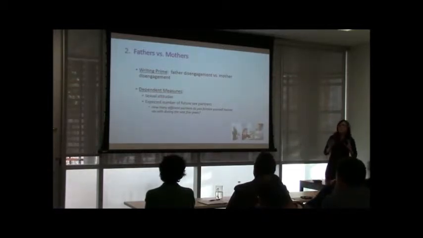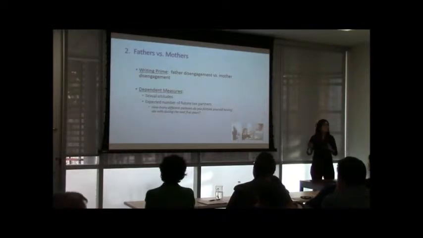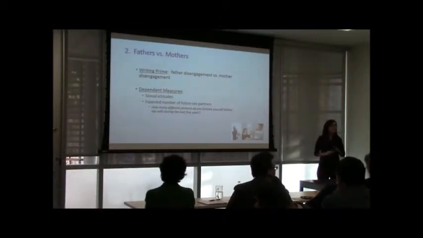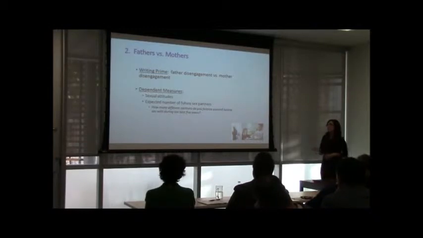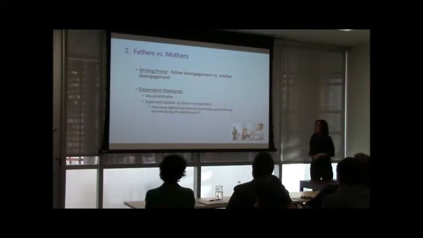So the control condition in this study was having participants describe a time that their mother was absent for an important event. The instructions were exactly the same as with the father, except we replaced father with mother. And again, the dependent measures were sexual attitudes, similar to the items that we just saw. And participants were also asked to indicate the number of sex partners that they expected to have over the next 5 years.